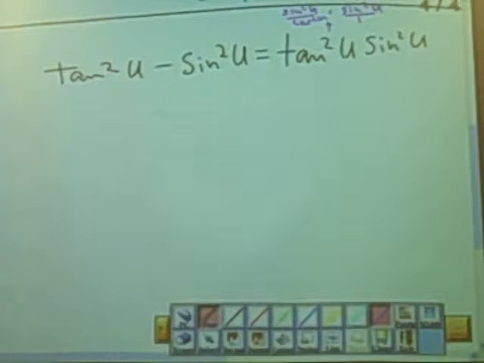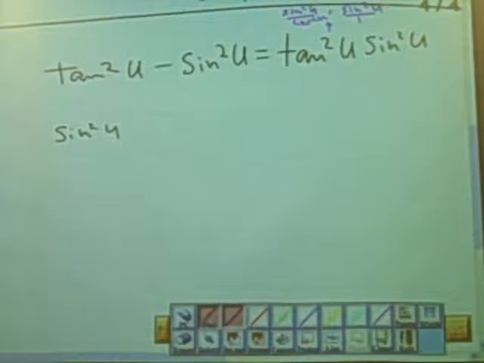If we can get to that point, then maybe we can. So let's take a look at this left side, and it doesn't look like we can really apply any kind of Pythagorean identity here. So we'll just go ahead and write this in terms of sine and cosine.